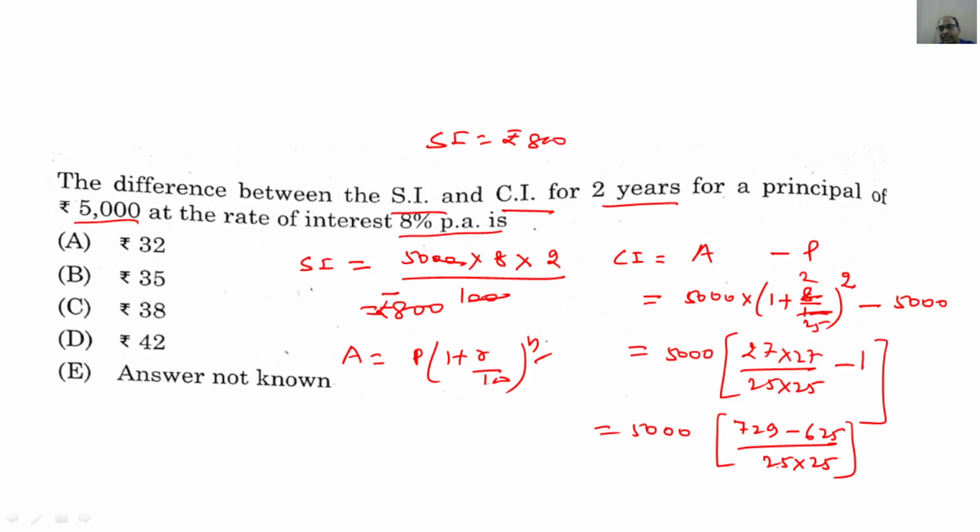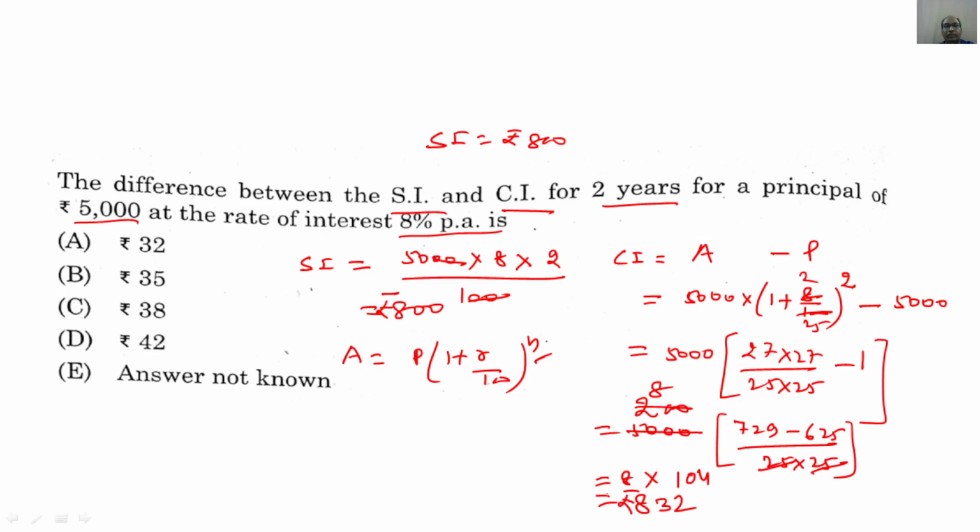Okay. Why? Because 25 twos are 50, 200, then 25 eights are 200. So 8 into, now 9 minus 5, 4, 2 to 0, and this has become 104. So it is giving us 832 rupees.